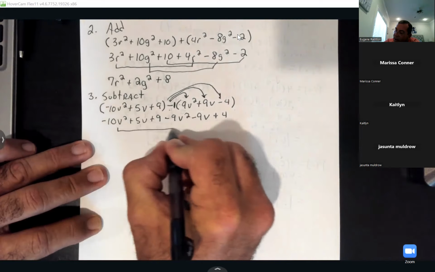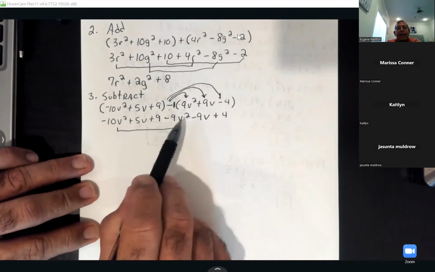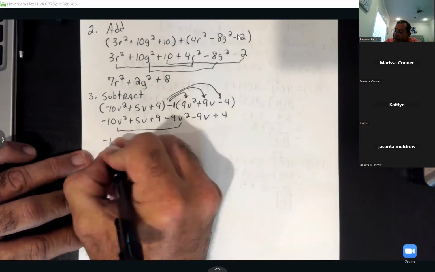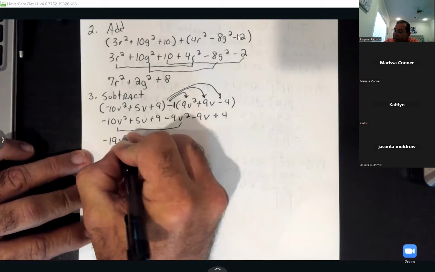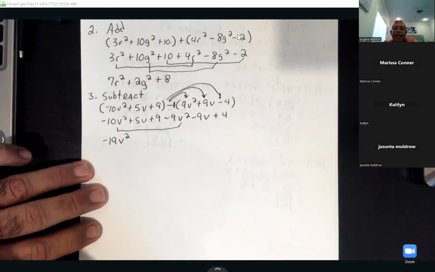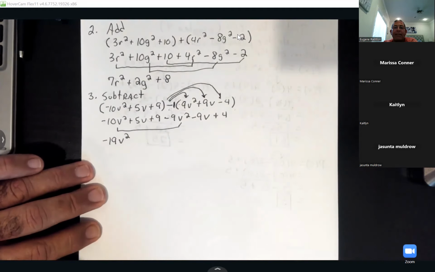The v squared adds to the v squared. -10 and a -9 give you a -19v squared. Remember, when you add like signs, you add the numbers together and keep that sign.